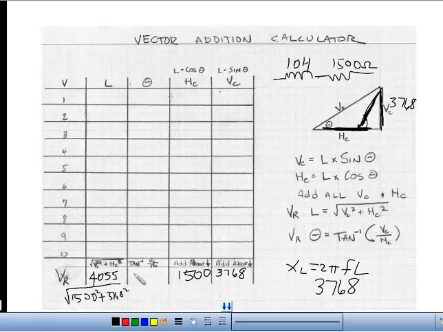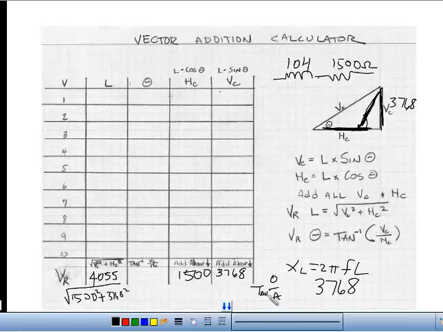And the angle is, you're given the opposite and the adjacent. So why don't we use SOHCAHTOA, TOA? We're looking for the angle, knowing the opposite over the adjacent.